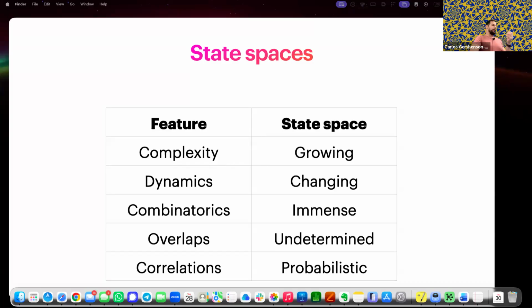If we have huge combinatorics, then we'll have immense state spaces that will never be possible to explore in time. If we have overlaps, then we'll have undetermined state spaces, which limits classifiability and therefore AI. And if we have correlations, we'll have probabilistic state spaces.